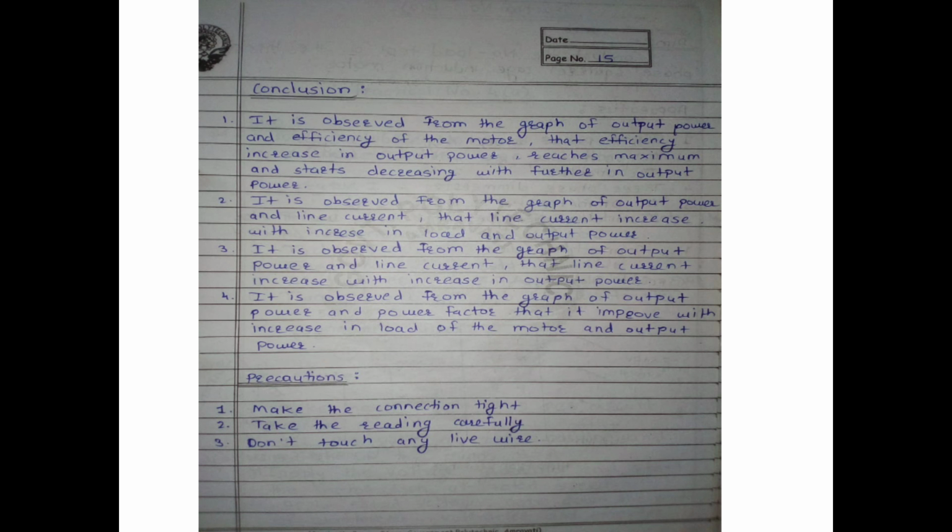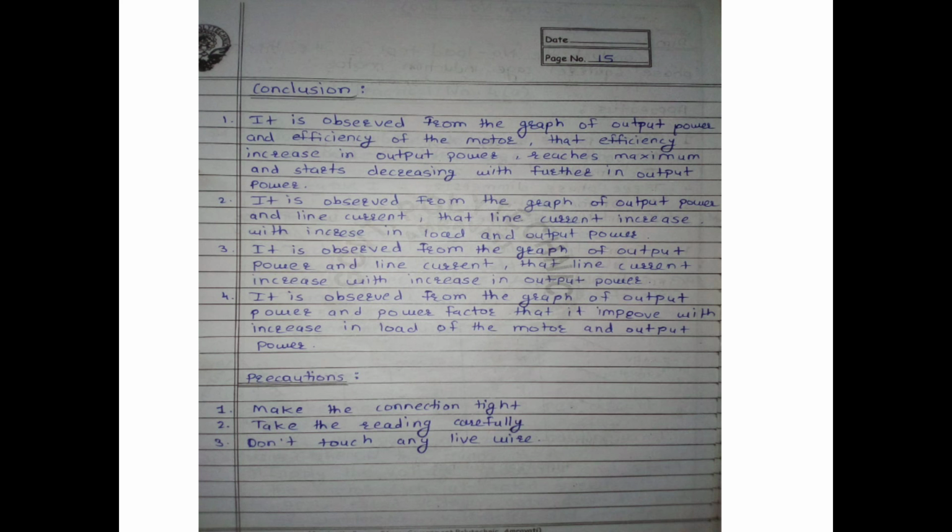So what is the conclusion? What do I conclude from this practical? We conclude that it is observed from the graph of output power and efficiency of the motor that efficiency increases with output power, reaches a maximum and starts decreasing with further increase in output power. Second, it is observed from the graph of output power and line current that line current increases with increasing load and output power.